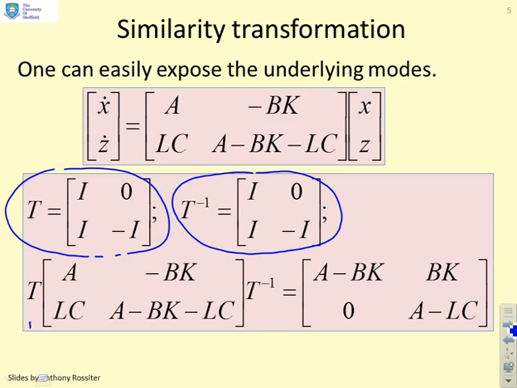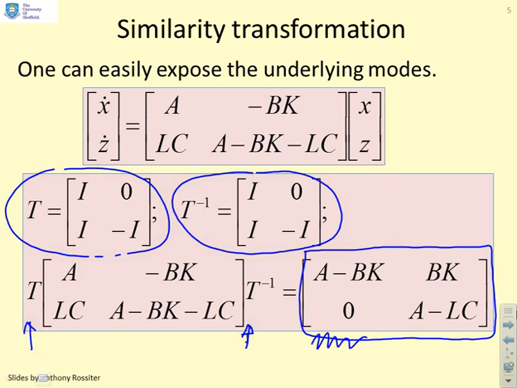So if I pre and post multiply by T and T inverse on this transition matrix, this is what I get. And you'll remember from the earlier sections that the eigenvalues of a matrix which has gone through the similarity transform must be the same. So therefore the eigenvalues of this new matrix are the same as the eigenvalues of the original matrix.